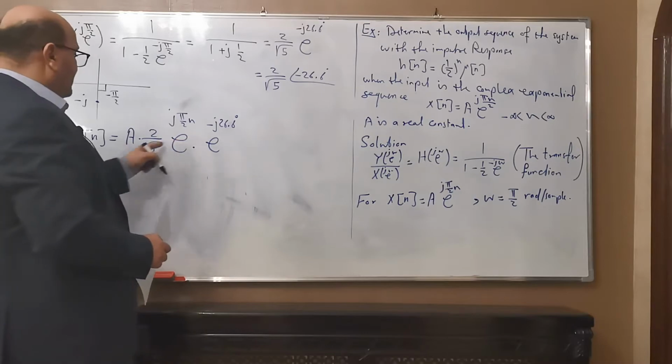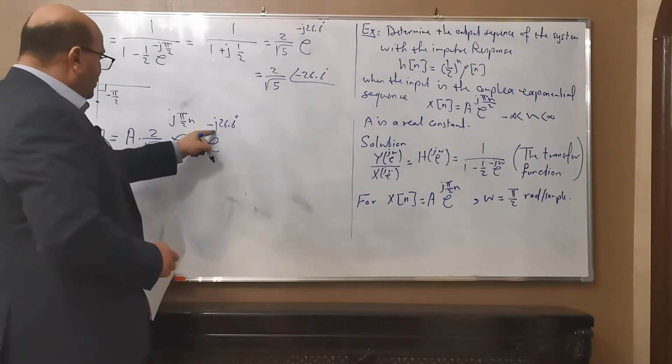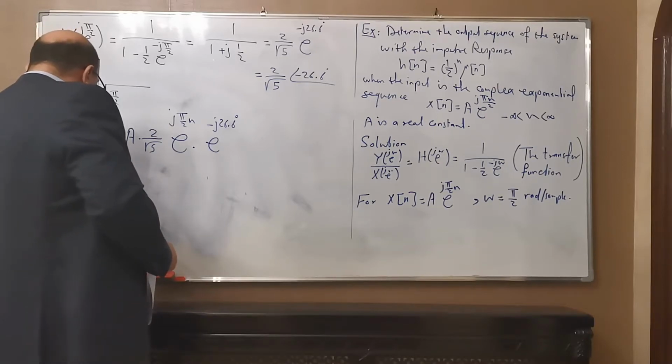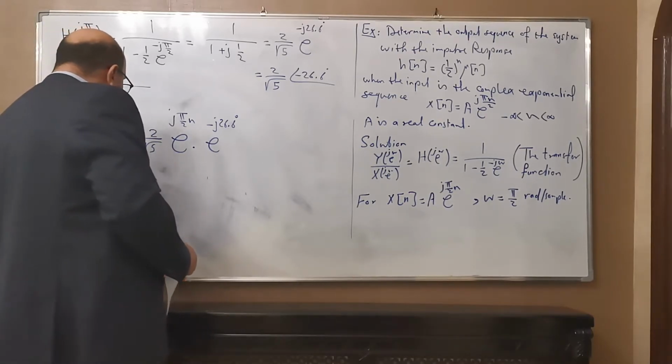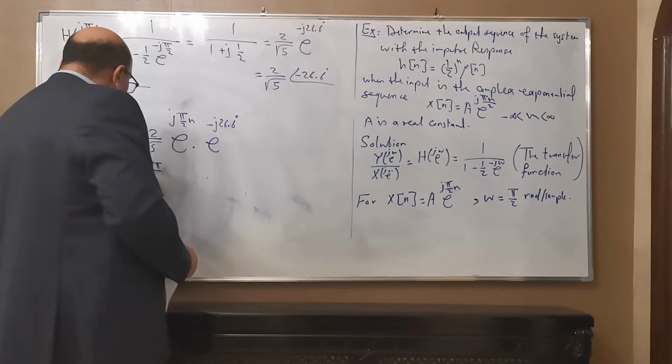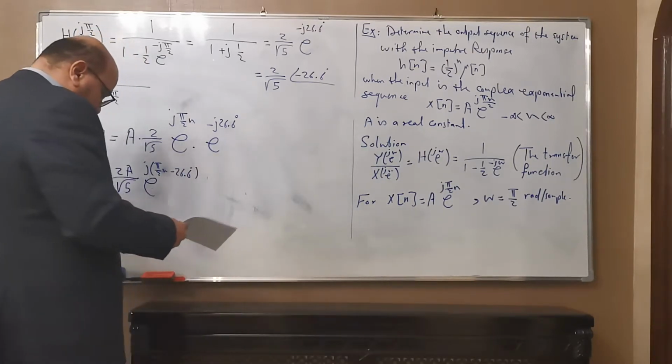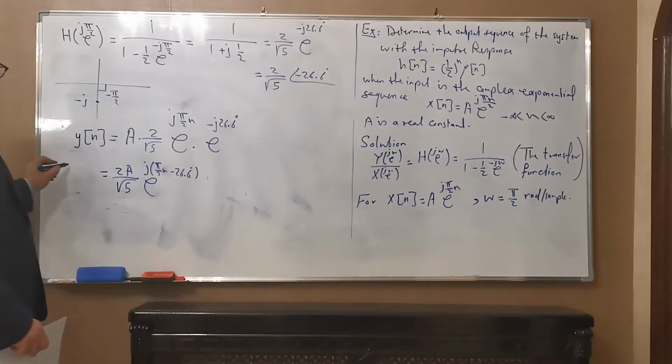So we multiply this in frequency and we join those together. So this is 2a over square root of 5 e^{j(pi/2 n minus 26.6 degrees)}. And this is our answer. So this is your y of n.